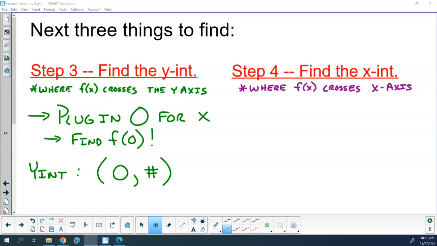It's a question you probably never even thought of. But if I have a fraction, when can that fraction be equal to 0? Denominator? Numerator? Which one? Top or bottom? Top. When the top is 0. When the numerator is 0. That's the only time that a fraction can be equal to 0, is if the numerator is 0.